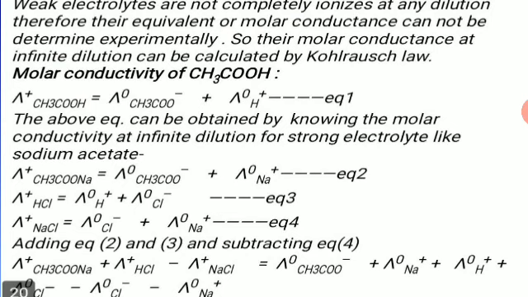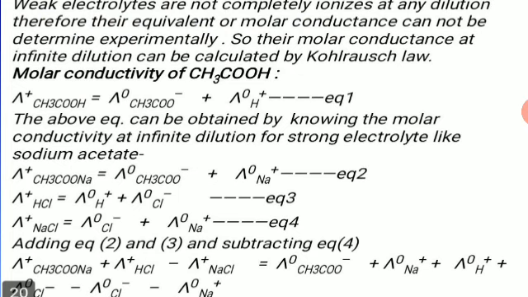Here is an example of the molar conductance of a weak electrolyte. We have to find the molar conductance of the weak electrolyte acetic acid, CH3COOH, which we have bifurcated as CH3COO negative plus H positive, as equation 1. CH3COONa has been given, which is bifurcated as CH3COO negative plus Na positive.